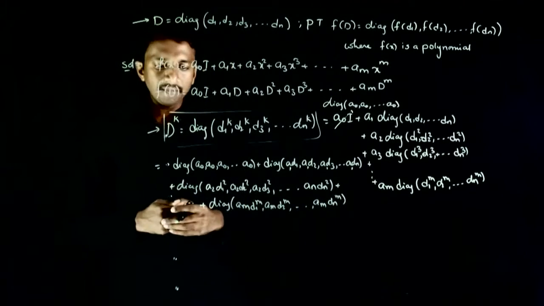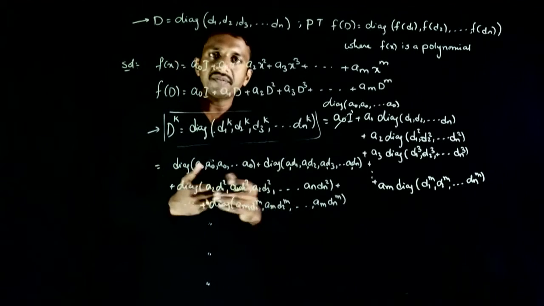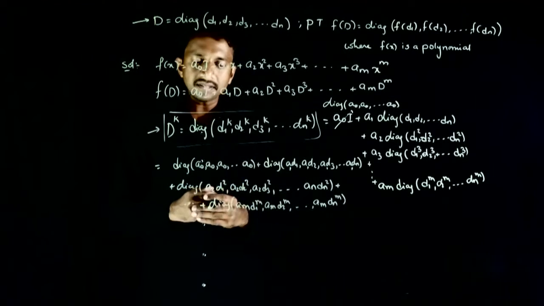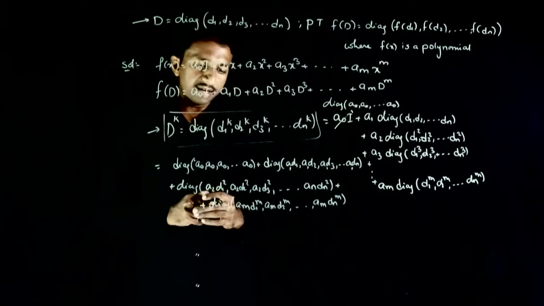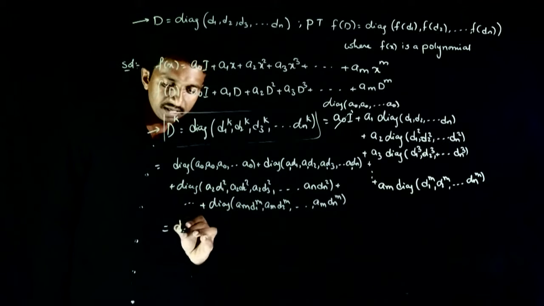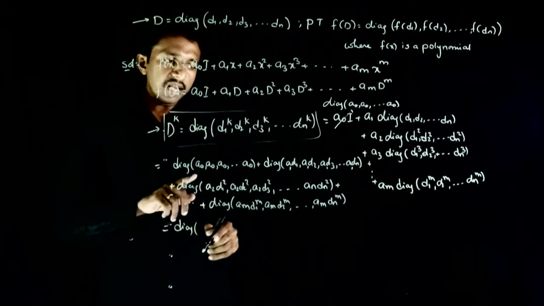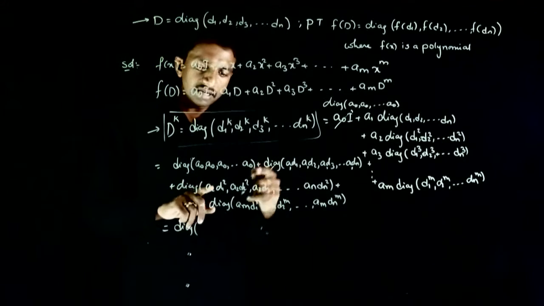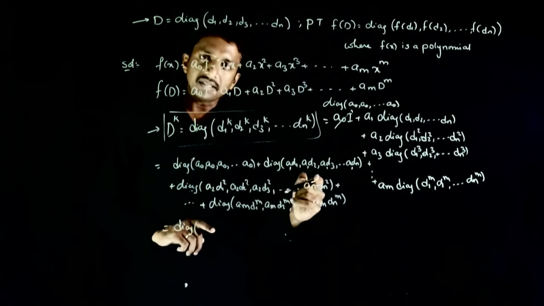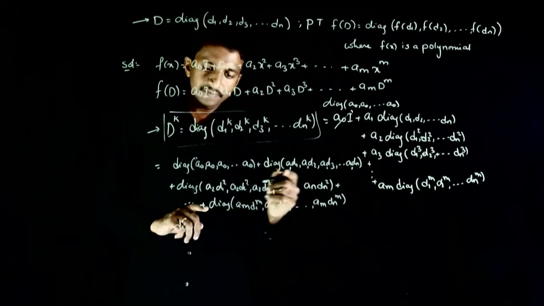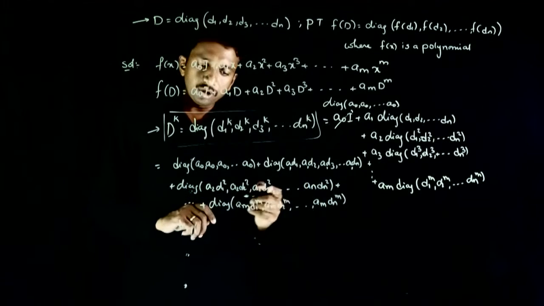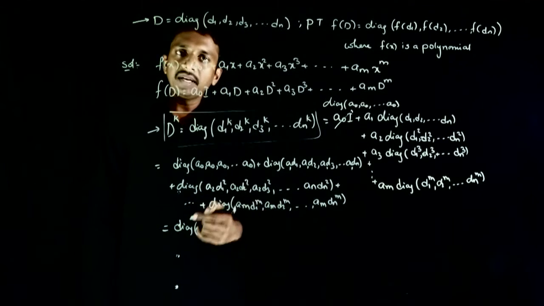Now all these are diagonal matrices. So what happens if I add all these matrices? Corresponding elements को add करना पड़ेगा. That's nothing but diagonal of a0 plus a1 d1 plus a2 d1 square plus a3 d1 cube, so on up to am d1 power m.